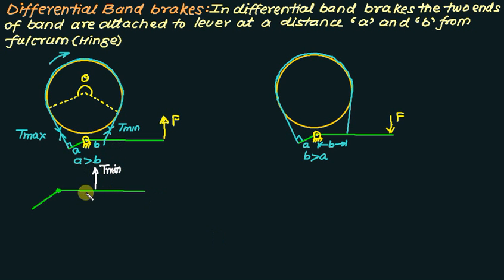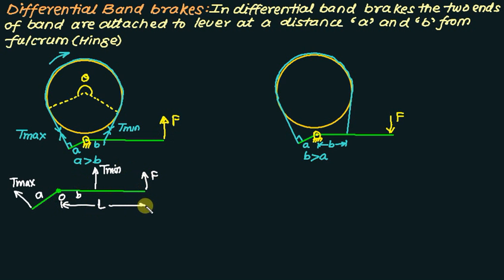Let's say this is T minimum acting at distance B from point O, the hinge. This one is the T max position, and this distance equals A, and the force F is acting vertically upward from this point.